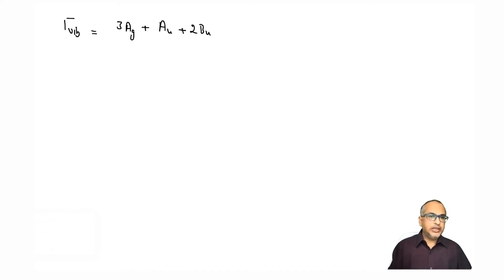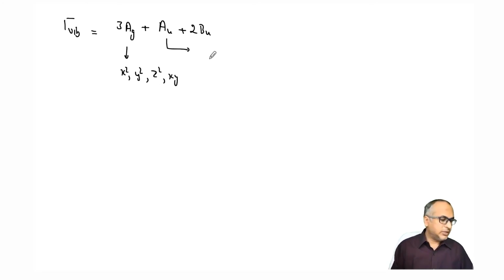So now if I see, Ag has the basis as x square, y square, z square, xy. Au has the basis as z, and Bu has the basis as x and y, right?